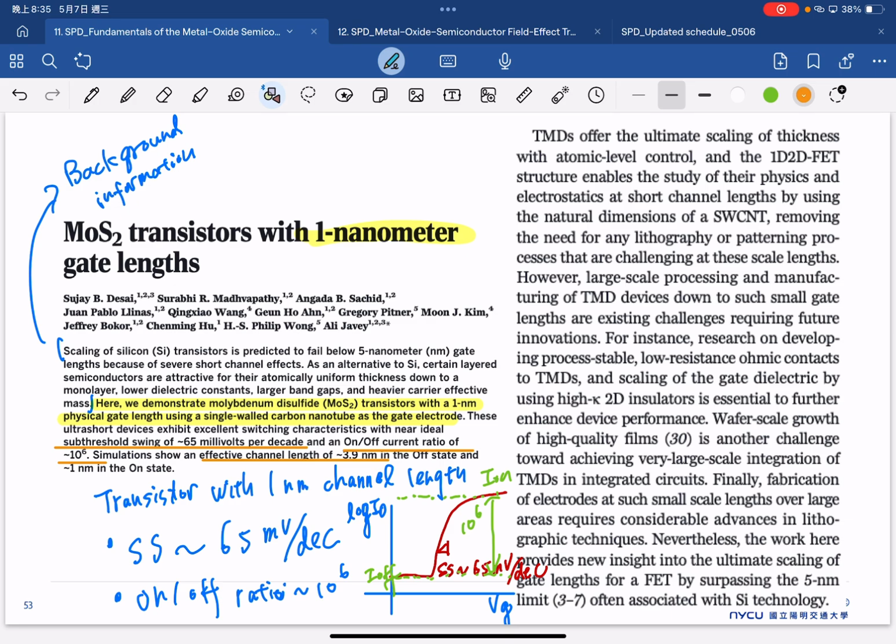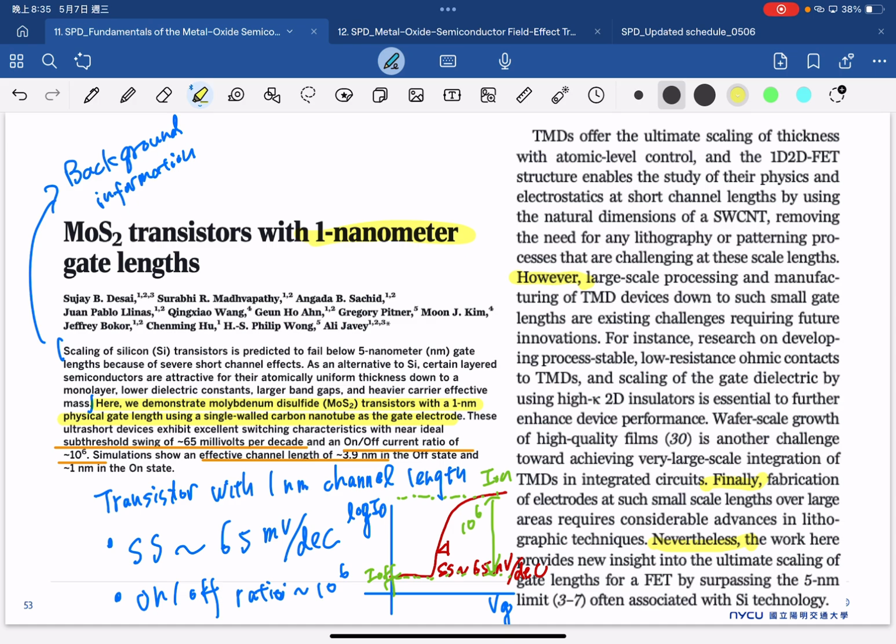The main information is that they have a 1 nanometer channel length device, they have 65 millivolt per decade, and they can reach an on-off ratio of 10 to 6. If you look at this paper, you can find the same keywords that we use all over again. We have a however here, we have a finally here, we have a nevertheless here. We don't go into this detail, but we still already knew the main contents.